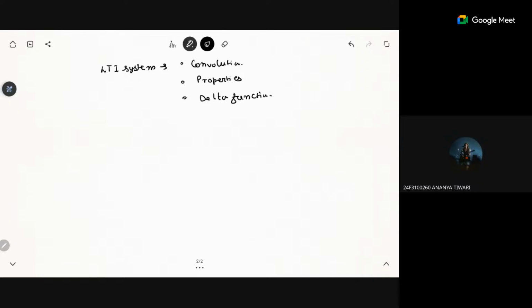So now today we will start with some more properties, not the properties but about the system.